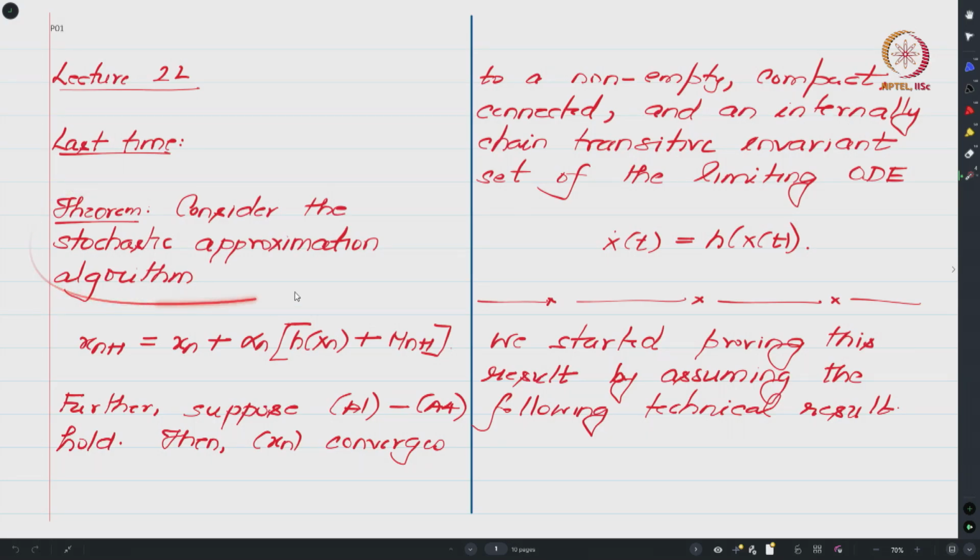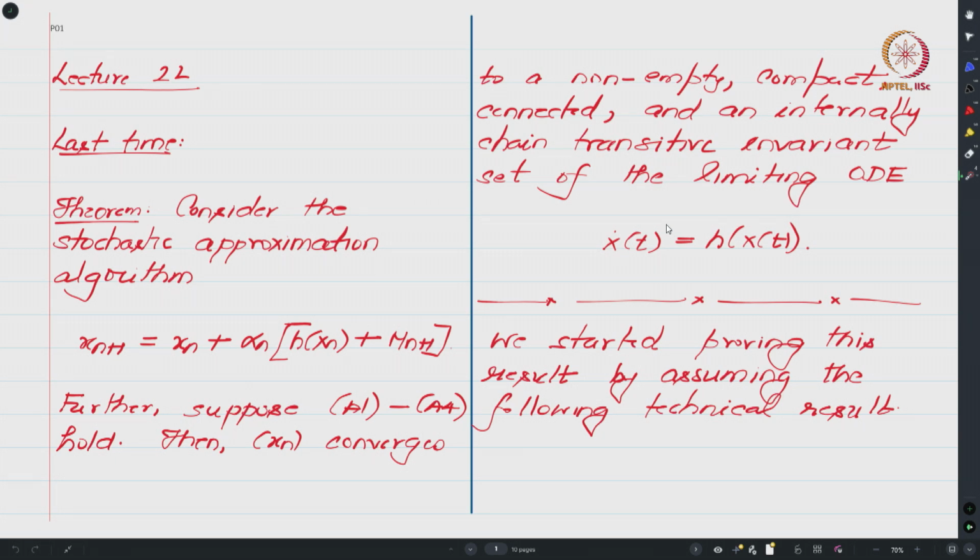So, the theorem that we are trying to prove is the following, which states that suppose we have some generic stochastic approximation algorithm with this update rule, and further suppose these 4 assumptions from A1 to A4 hold, then the xn sequence that is generated by this update rule converges to a non-empty, compact, connected and internally chain transitive invariant set of the limiting ODE x dot of t equals h of x of t.